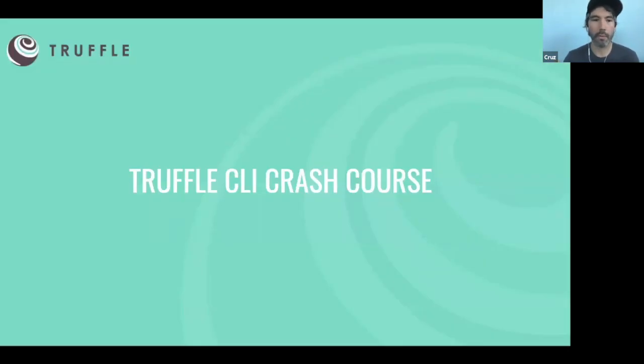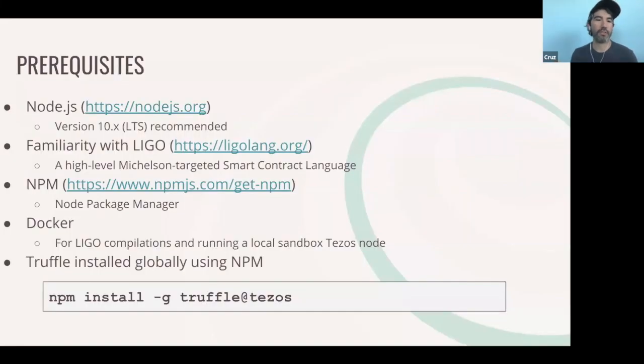All right, so diving into the crash course. The prereqs for working with the current Truffle Tezos integration: you're going to need Node.js. I'd recommend 10.x LTS. You're also going to need familiarity with LIGO, which is the high-level Michelson-targeted smart contract language.